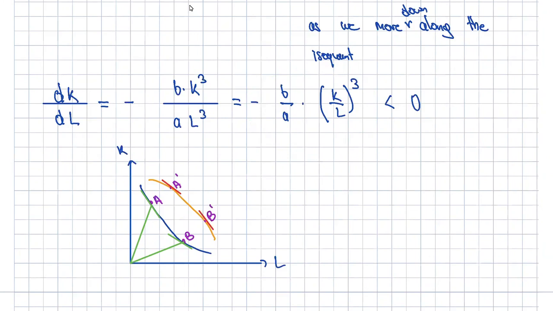Yeah, so like I was saying earlier, as I go down that movement in the blue line, this change in K and L. So what is happening as I go down? K is going down and L is going up. That's right. K is going down and L is going up. And both of these pushes go in the same direction.